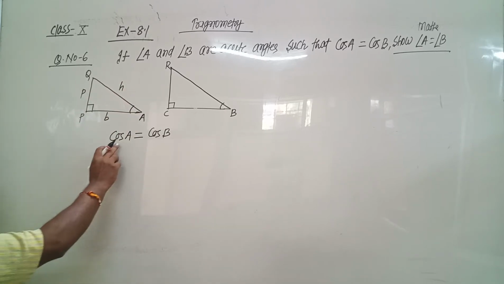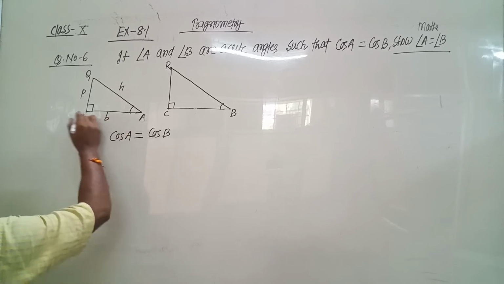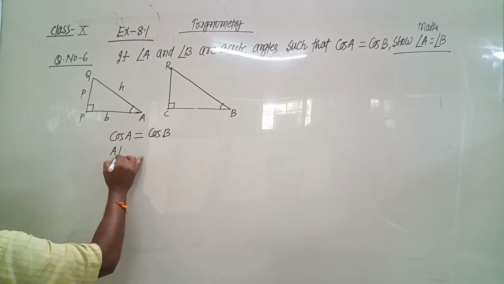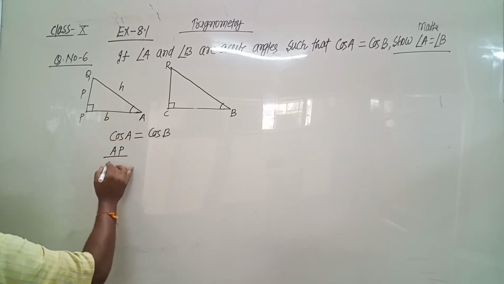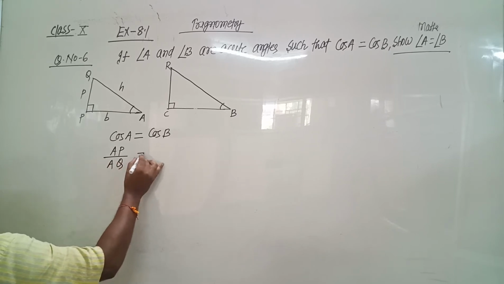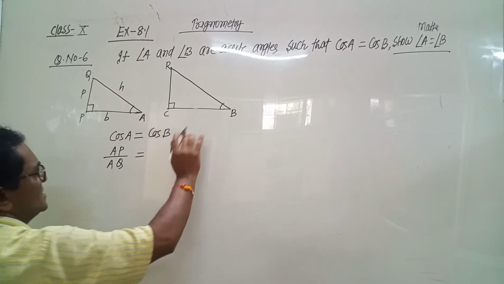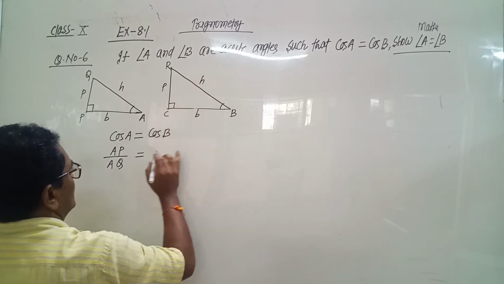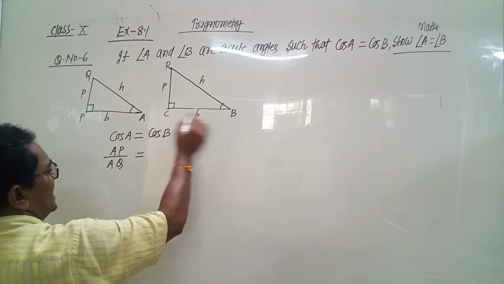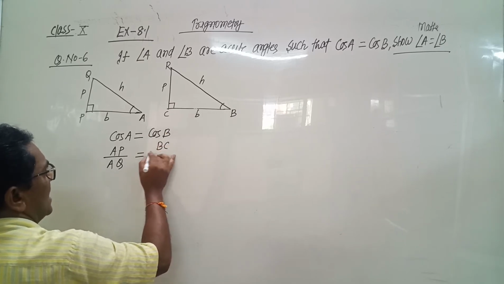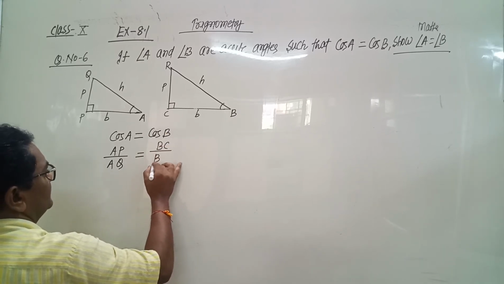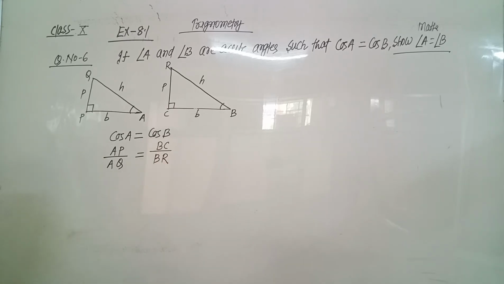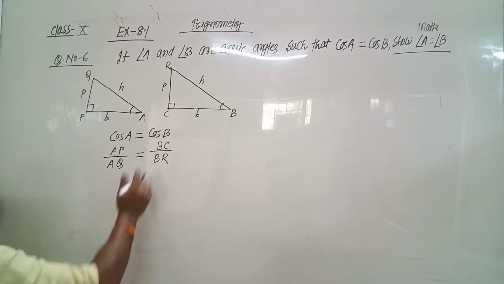So cos A equals base upon hypotenuse, which is AP upon AQ. Then for cos B, BC is the base and BR is the hypotenuse. So we get AP upon AQ equals BC upon BR.